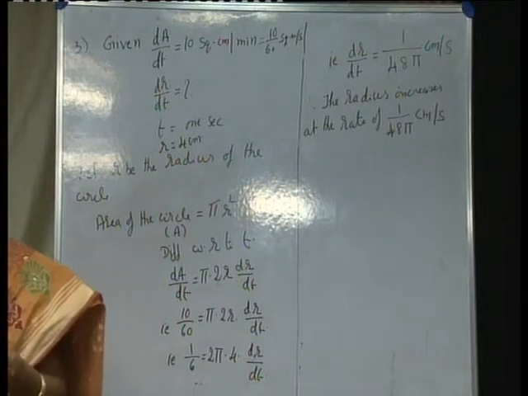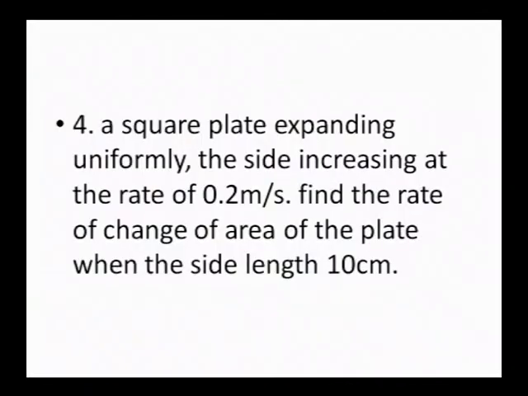A square plate expanding uniformly, the side increasing at the rate of 0.2 meter per second. Find the rate of change of area of the plate when the side length is 10 centimeter.